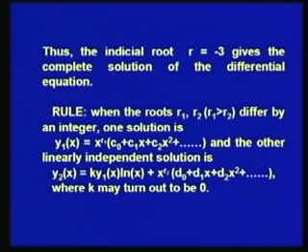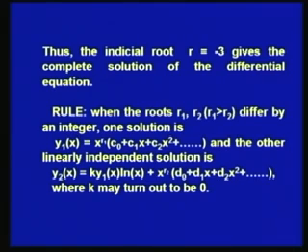When the roots r1 and r2 of the indicial equation differ by an integer, then one solution of the differential equation is given by y1 of x equal to x to the power r1 into (C0 plus C1 x plus C2 x square and so on), and the other linearly independent solution is given by y2 of x equal to k times y1 of x into ln x plus x to the power r2 into (d0 plus d1 x plus d2 x square and so on).